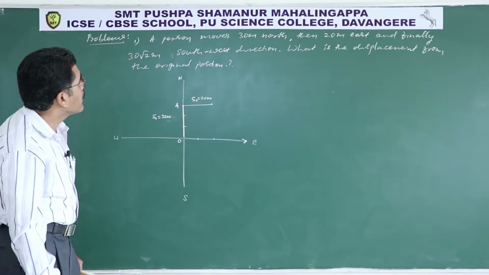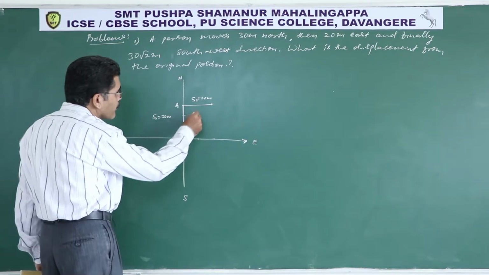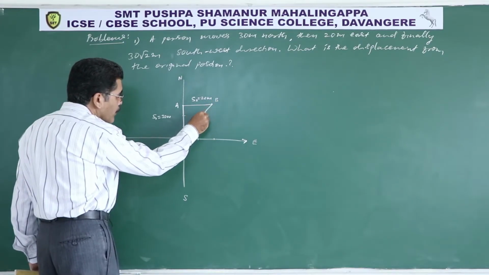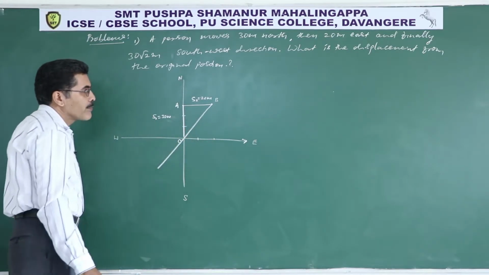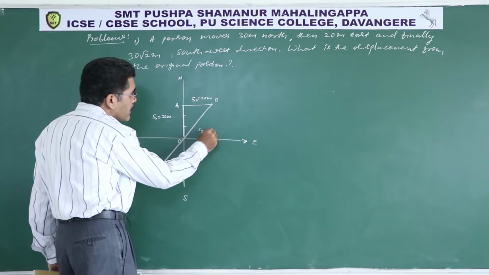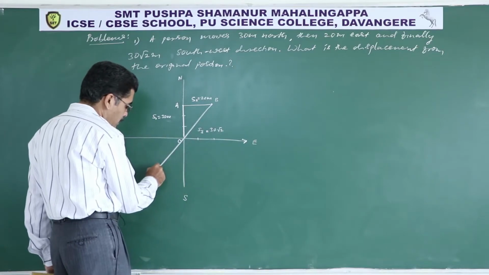Afterwards, finally 30 root 2 meter in the southwest direction, he moves like this, and this is S3. S3 is 30 root 2.